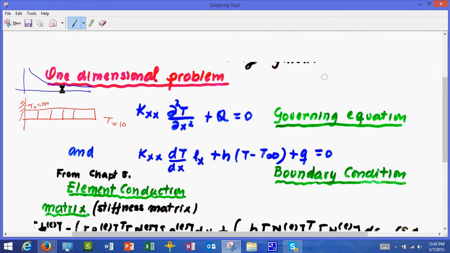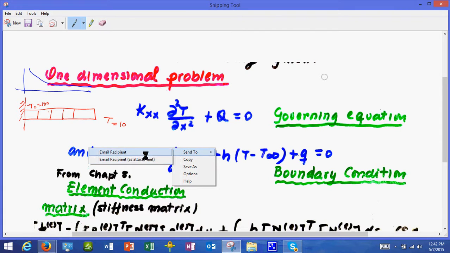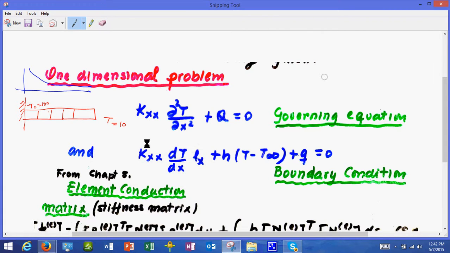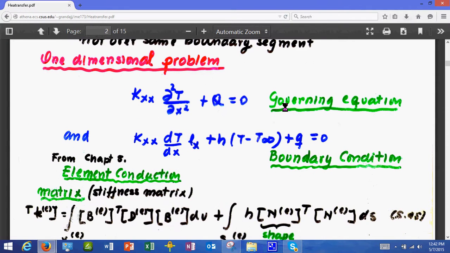So for a one-dimensional problem, we have this equation. We don't have the other two dimensions here. So this is the governing differential equation, and then you have the equation for the boundary conditions.